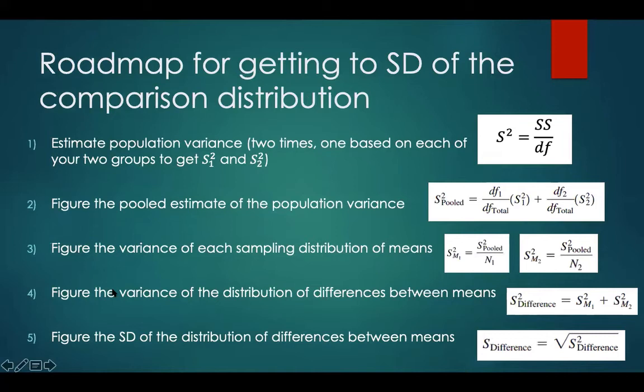You figure the variance of the distribution of differences between means by adding these two values together. Then you figure the standard deviation of the distribution of differences between means by taking the square root of S squared difference.